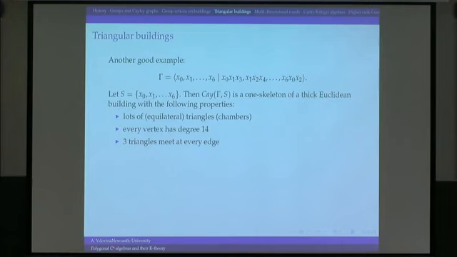And this is a particular case of a building. You may check that every vertex has degree 14, 3 triangles meet at each edge, and again, any 2 triangles are contained in a plane. So there are plenty of those planes.